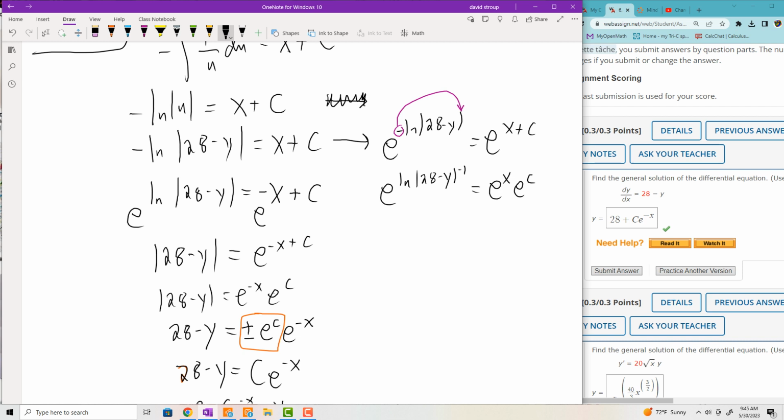I'm going to go ahead and chop this up, into e to the x times e to the c. Then the e and the ln will cancel each other out, and you have 28 minus y to the negative 1 equals e to the x times e to the c.